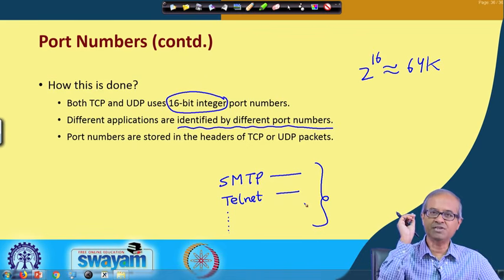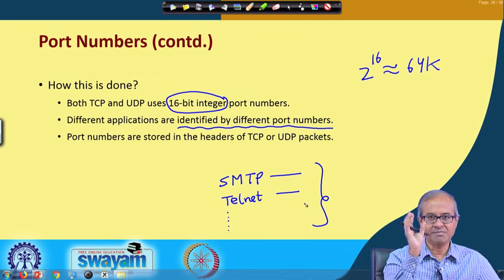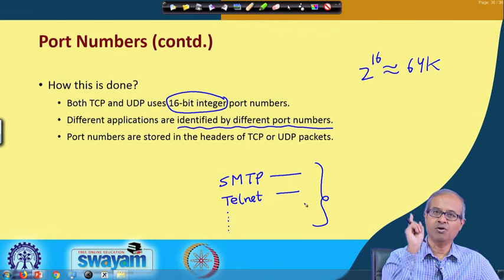So, whenever I want to send a packet to my mail server, that particular process, I will be sending a packet mentioning destination port number is equal to 25. So, it will always go to the mail server.